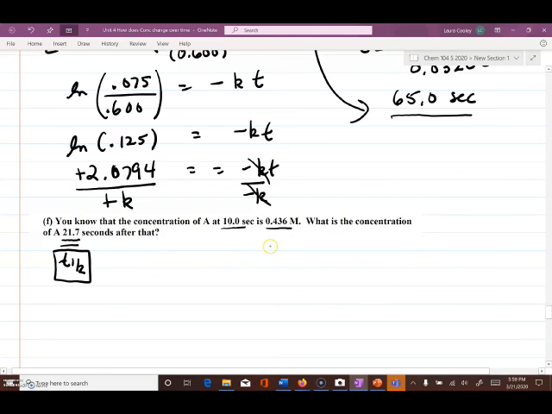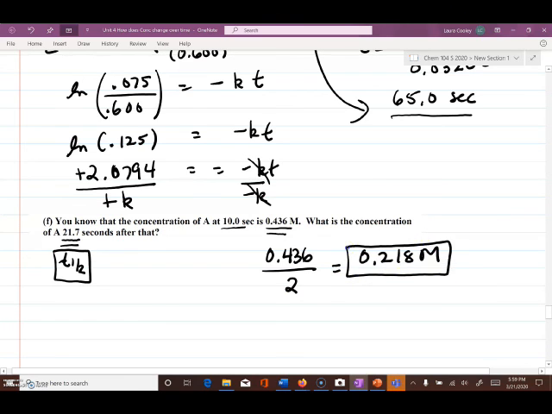So 21.7 seconds after it's 0.436, it's going to be 0.436 divided by 2, or 0.218 molar, okay? Because a half-life has passed, 0.436 in a time t1/2, or 21.7 seconds, it'll go to 0.436 over 2, or 0.218, okay?